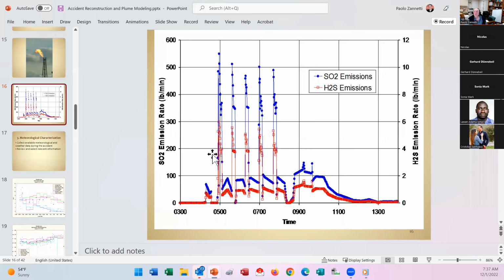In this case, with 5 big emissions of 5-10 minutes of pollution of SO2 and H2S, I have to use a particle model. If I use a Gaussian plume model, all these phenomena will be averaged and smoothed out. I don't want that. That would not be credible in front of a jury.